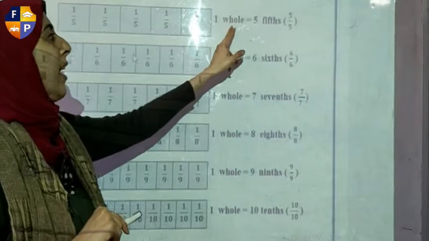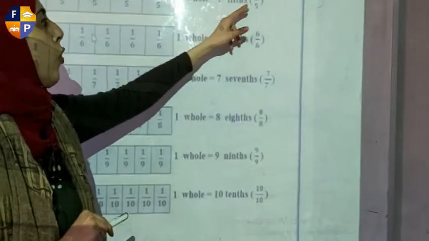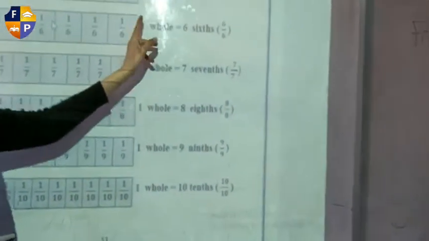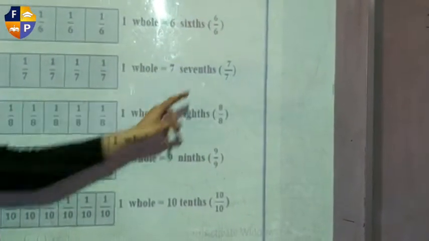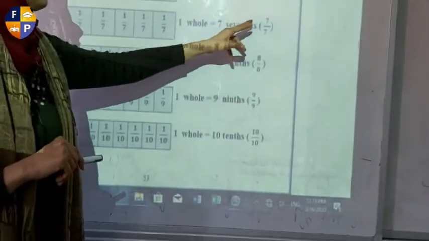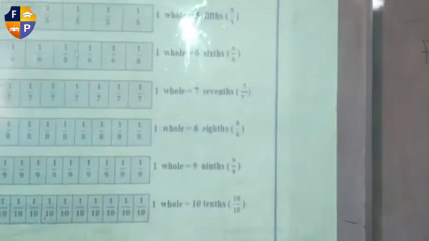One whole can divide into 5/5. 5 over 5. I can divide also one whole into 6/6. So one whole equals 6 over 6. I can divide one whole into 7/7. So one whole also equals 7 over 7.